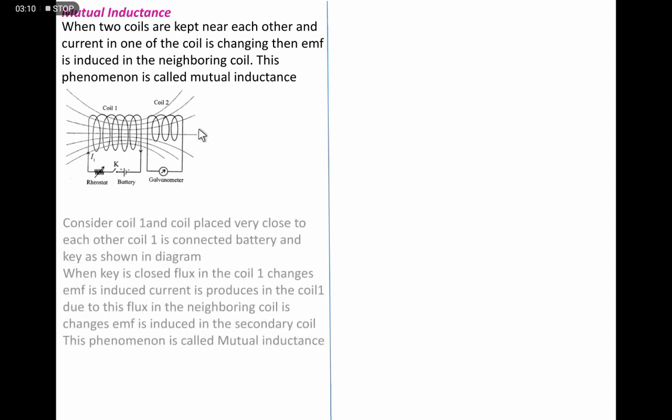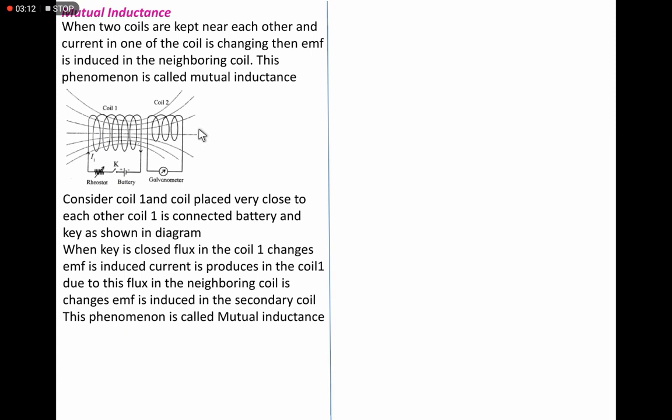This is the self inductance, and due to the current in coil 1, the EMF is induced in the neighboring coil. Here is the galvanometer. The galvanometer indicates the flux changes and EMF is induced in the neighboring coil. This phenomenon is known as mutual inductance.